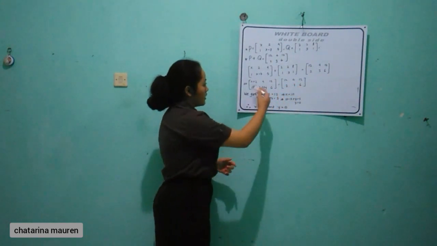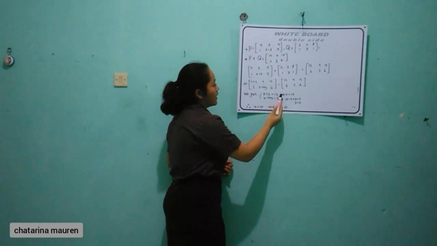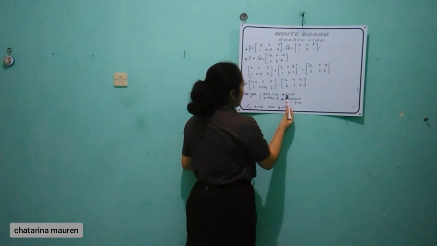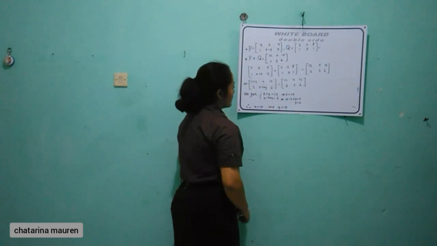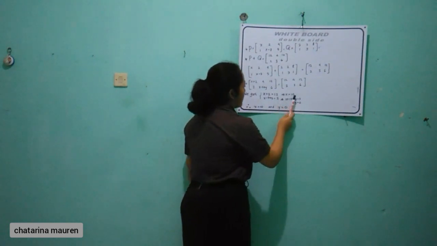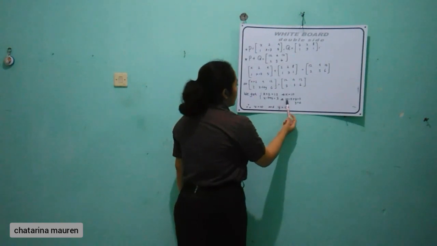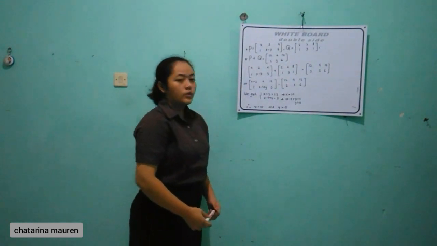By this equation, we get x plus 2 equals 12. And by linear equation, we get x equals 10. For the second, we have x minus 7 plus y equals 3. By substituting x equals 10, we get 10 minus 7 plus y equals 3, and y equals 0.